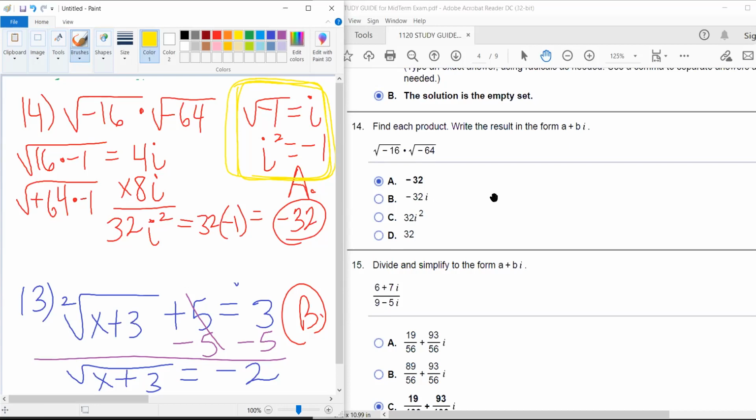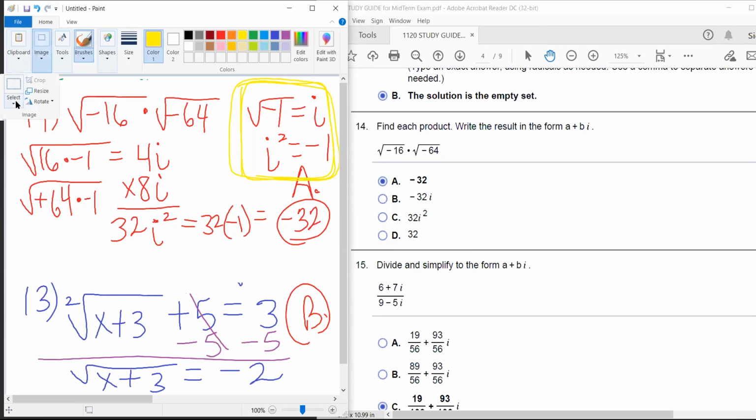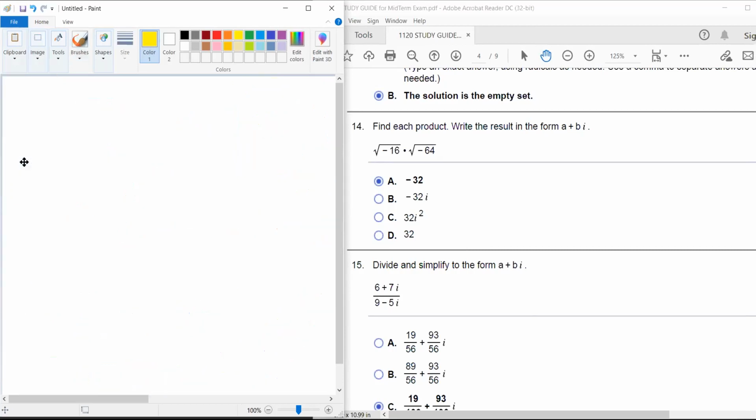The next question also involves complex numbers with imaginary components. Divide and simplify to the form a plus bi. So we have 6 plus 7i over 9 minus 5i.